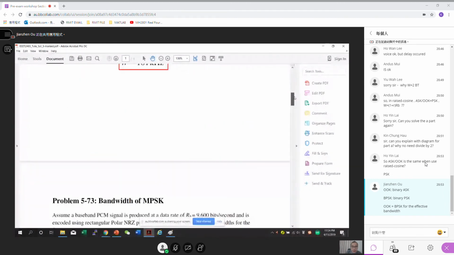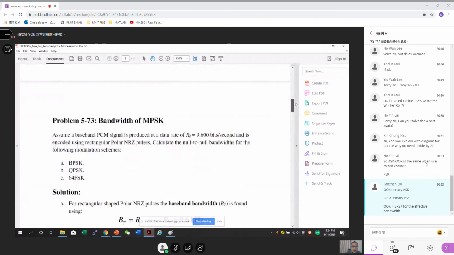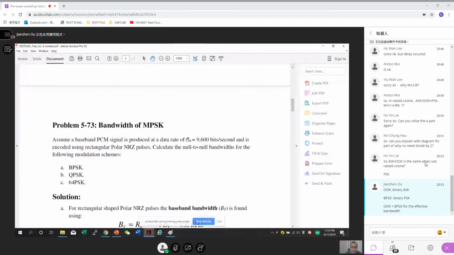Okay, so let's go to the second question. You can see the bit rate is 9600 bits per second, and it's a polar NRZ, a rectangular polar NRZ. From the table that we showed in lecture 2 for the pre-exam workshop, the bit rate is equal to the first null bandwidth of the baseband signal, so it's 9600 hertz.